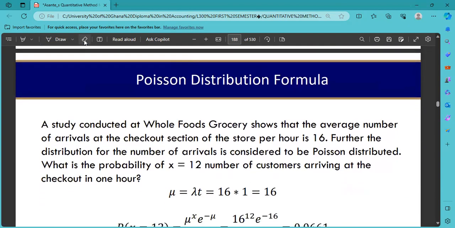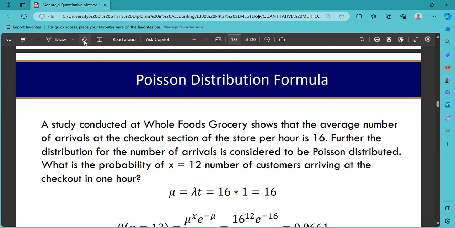So this is an example. A study conducted at Whole Food Groceries shows that the average number of arrivals at the checkout section of the store per hour is 16. You need to take into consideration the time very well, because Poisson deals with time.